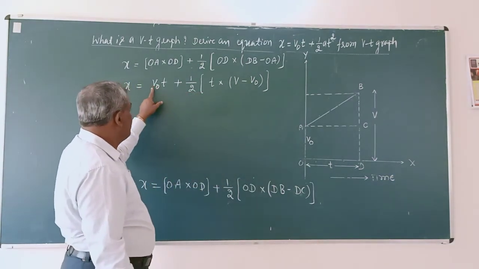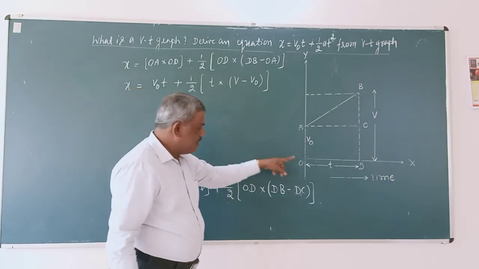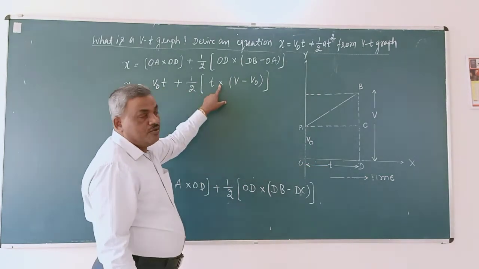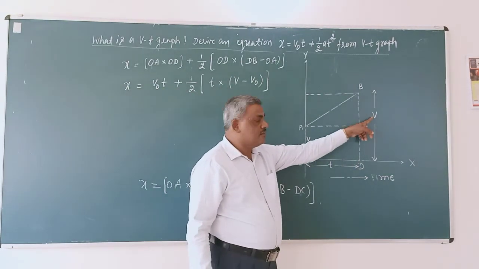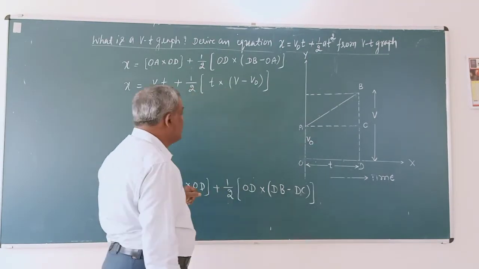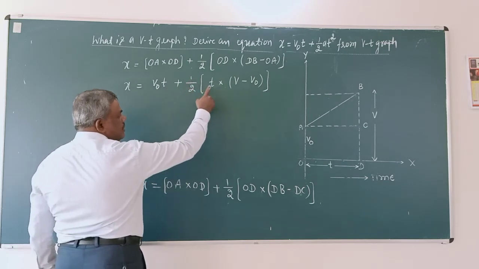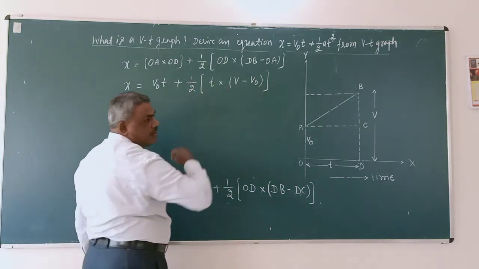So x equals v naught t plus half t into v minus v naught.